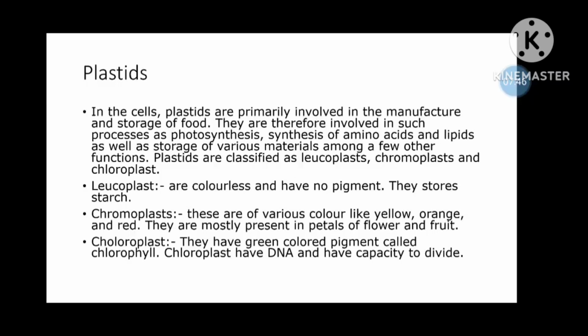It is mostly present in petals of the flower and fruit, but it is also present in calyx, stems, etc. The main function of the chromoplast is the storage of food, and it also has some coloring pigments like carotene, anthocyanin and xanthophylls. Due to these pigments, this chromoplast gives colors yellow, orange or red.